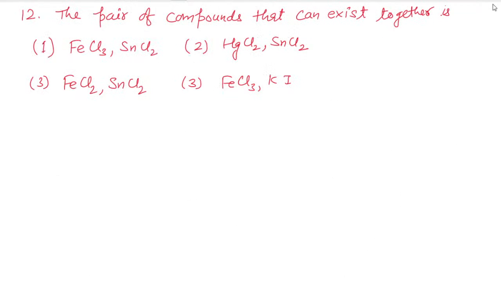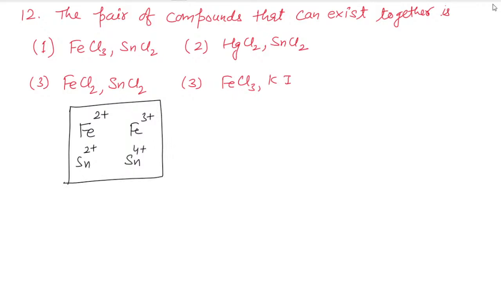Now, question number 12. The pair of compounds that can exist together is, see, Fe is 2 plus and 3 plus, Sn is 2 plus and 4 plus. These are the common oxidation states, lower one and higher one.